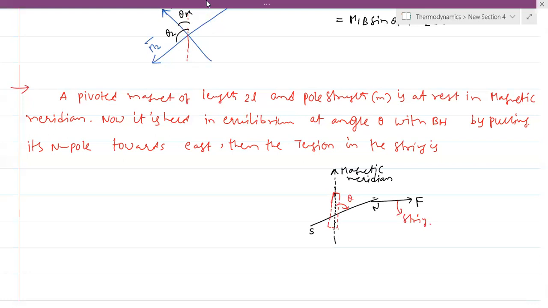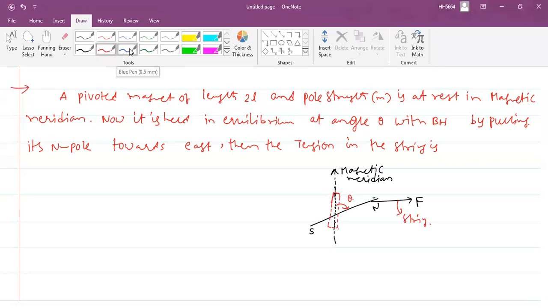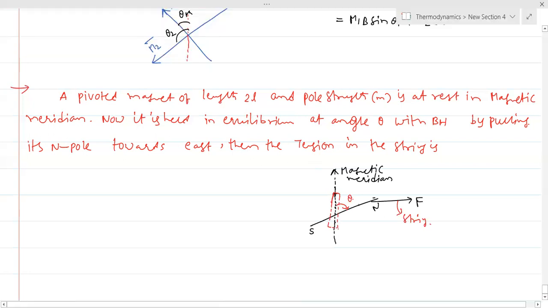Then in that discussion, generally we think, this is S to N, therefore this is M bar and this is B bar. By applying the corkscrew rule, M bar cross B bar will be outward. So this couple due to BH will be outward.